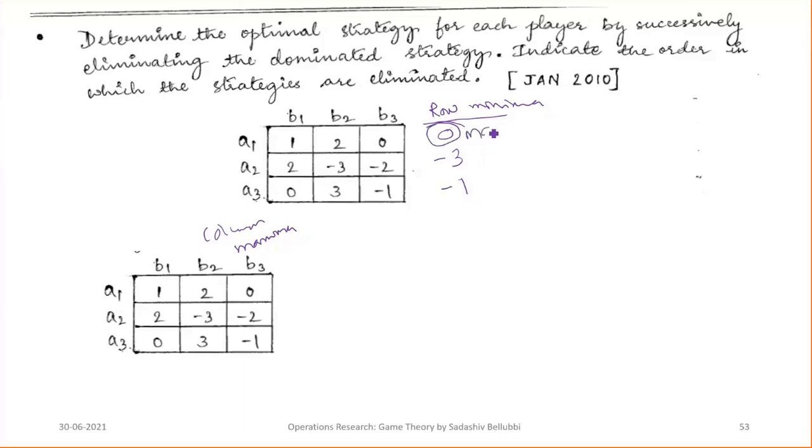Column-wise, in each column, the maxima are 2, 3 and 0. Out of these three maximum numbers, 0 is the minimax. If you draw the lines here, they intersect at A1, B3. This is the saddle point.